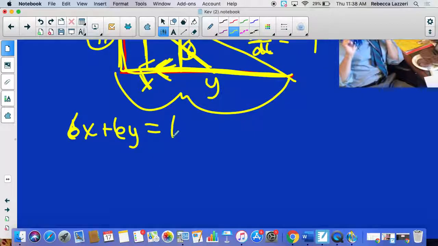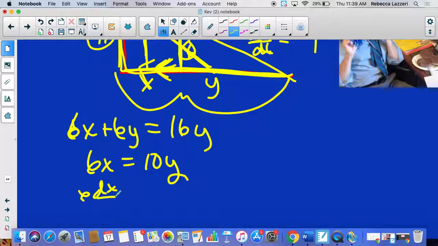So I have 6x equals 10y, and now I'm going to take the derivative. In related rate problems, x and y are both changing. The shadow is shrinking as he walks toward the street light. So I have 6 dx dt equals 10 dy dt.